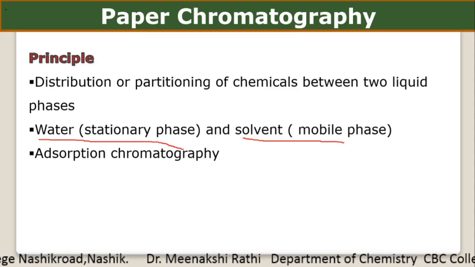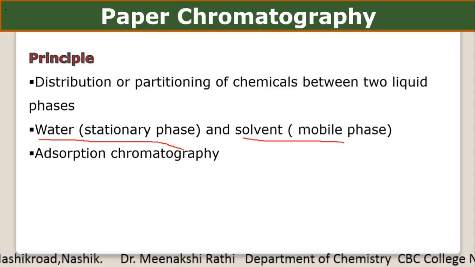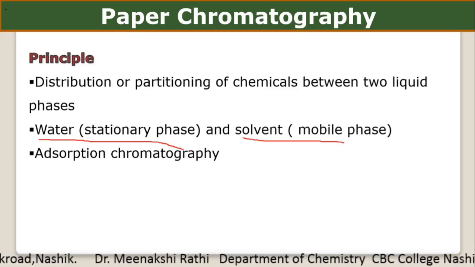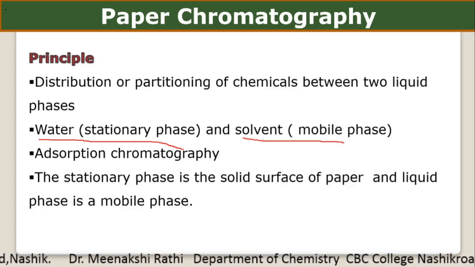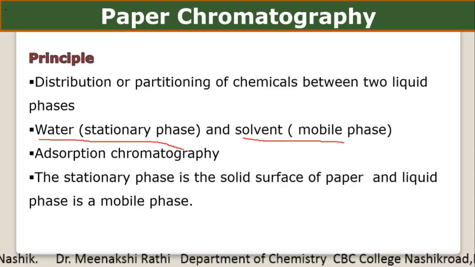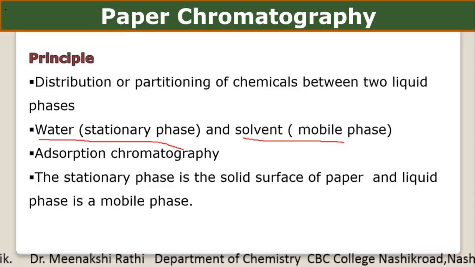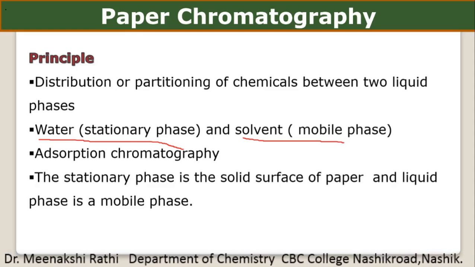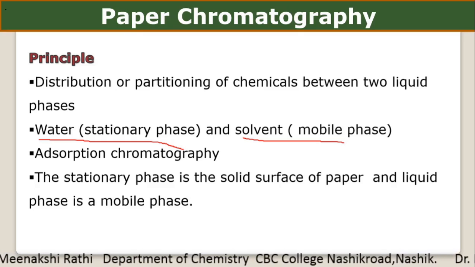But most applications of paper chromatography work on the principle of partition chromatography, that is, partition between two liquid phases. So here we can say that paper chromatography is an example of partition chromatography. At the same time, it is an example of adsorption chromatography.